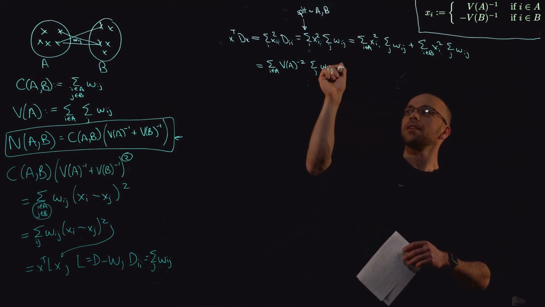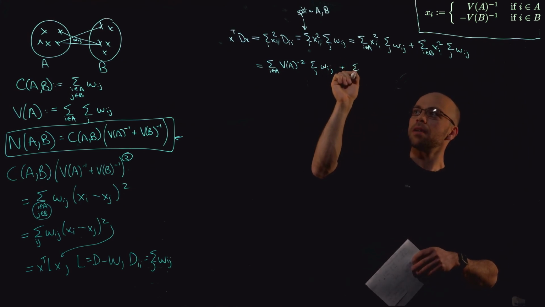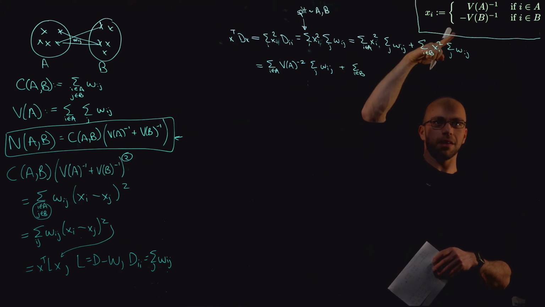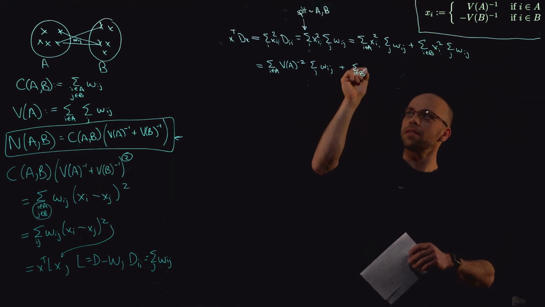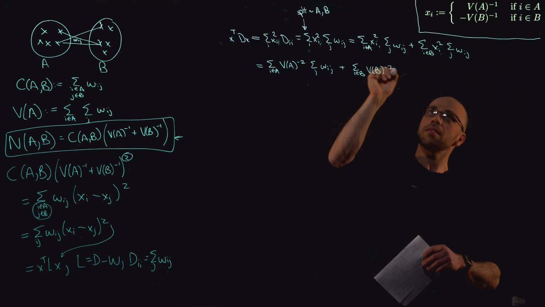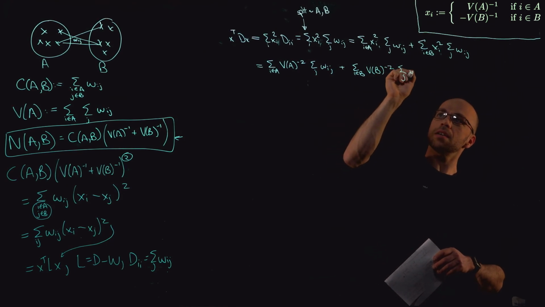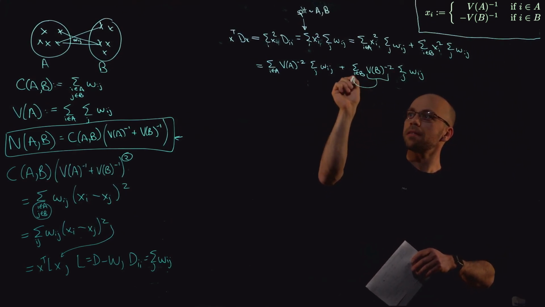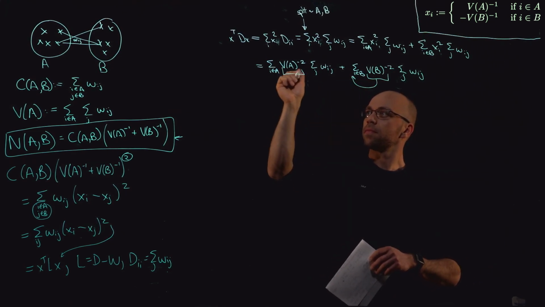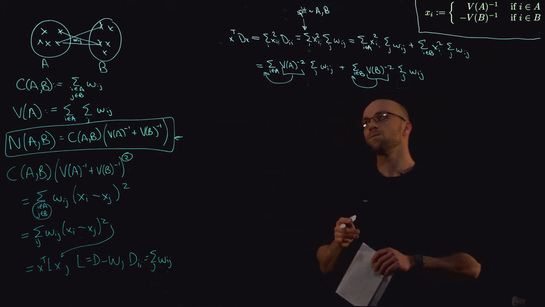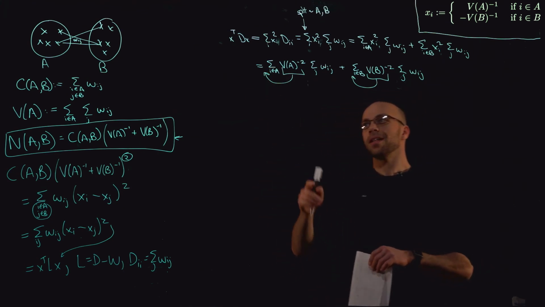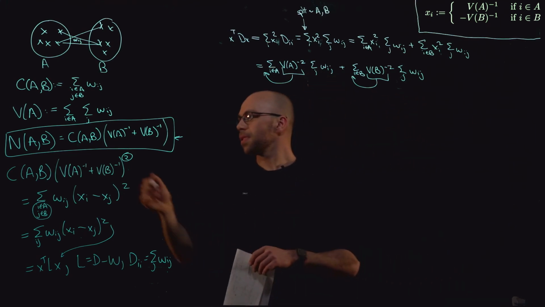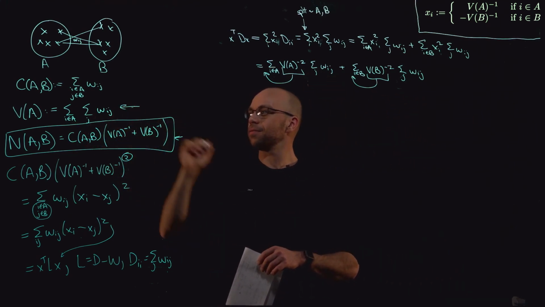And similarly here, this is plus the sum over i in B. Well, x_i when i is in B is equal to minus v of B inverse, so this is v of B to the minus 2, sum over j of w_ij. And so these guys are constants, so I can move them outside of the sums, like that. And what do I have? Well, I'm going to have the sum over i in A, sum of j of w_ij. Well, that's exactly v of A.